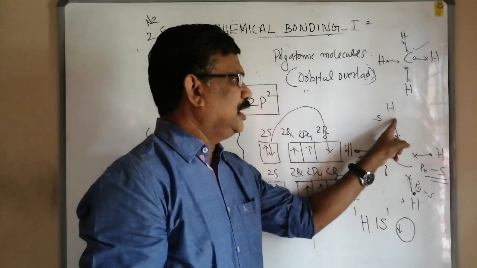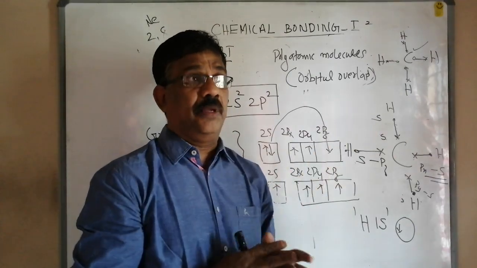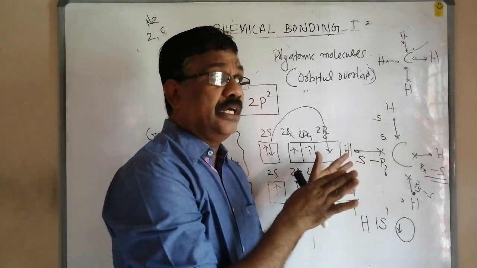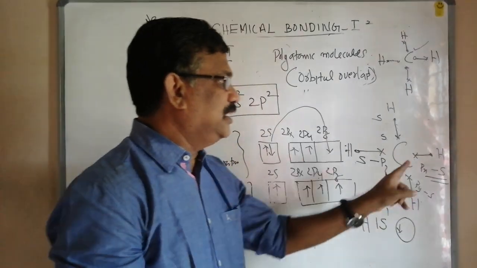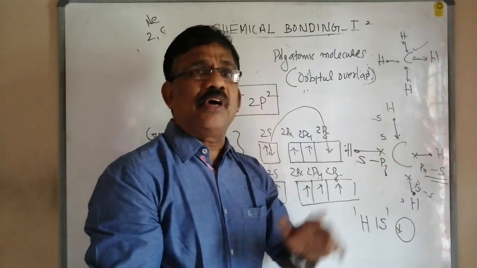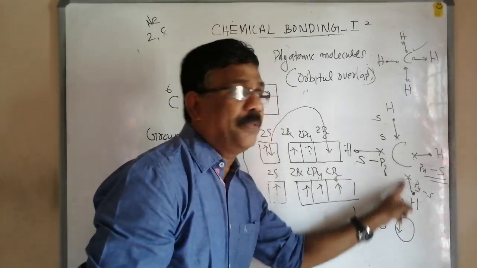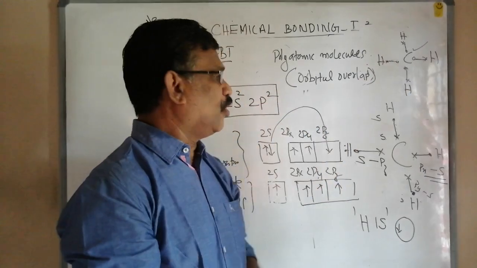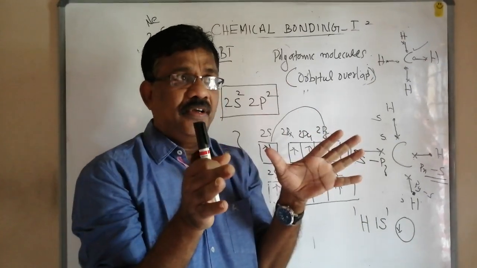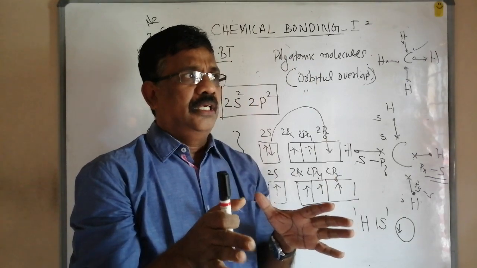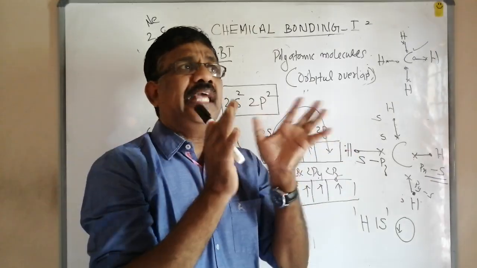So in methane, this bond length becomes the smallest one because that is s-s overlapping. And this is s-px overlapping, another type, and this is s-py overlapping, and the last covalent bond by s-pz overlapping. According to VB theory, in this polyatomic molecule methane, the overlapping is like this.